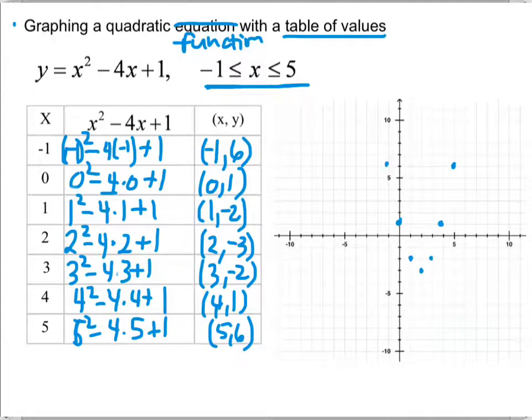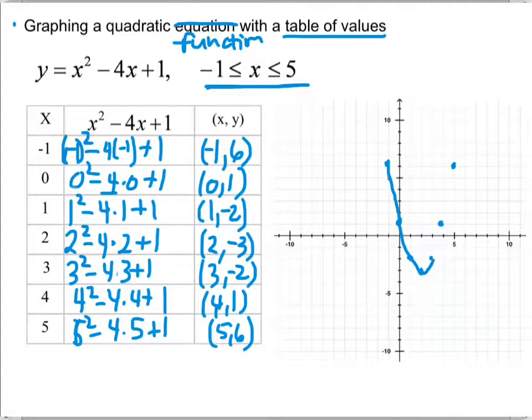Okay, so I went ahead and filled in the table, and I also plotted the points on the graph to the right. As you can see, we have -1, 6; 0, 1; 1, -2; 2, -3. In all of these, the line appears to be going down until it gets to a certain point, and then it appears to be going up in the same manner in which it went down.